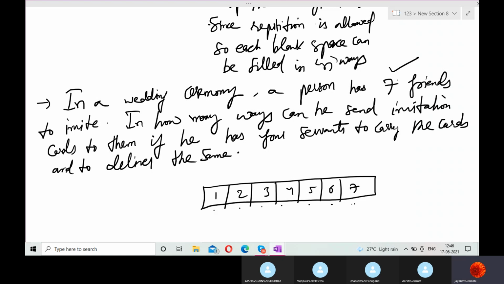In how many ways can he send invitation card to them if he has 4 servants? See, the first servant can come to this house. Second servant can also come to this house. Third servant can also come to this house. Fourth servant can also come to this house. So how many servants can come to this house?